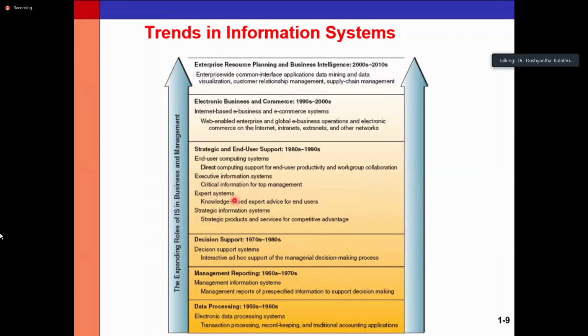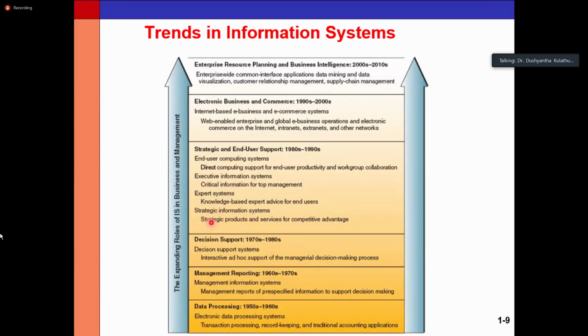And expert systems, providing expert advice for end users based on knowledge and also based on deep analysis of data. It is capable of providing expert advice which cannot be provided by other systems that are used within the organizations.